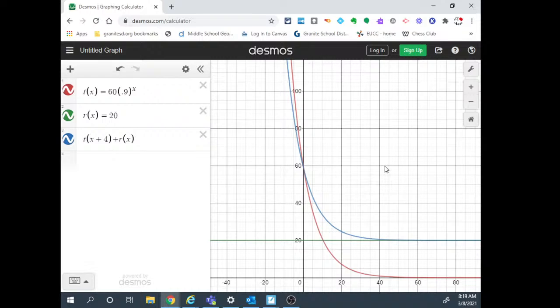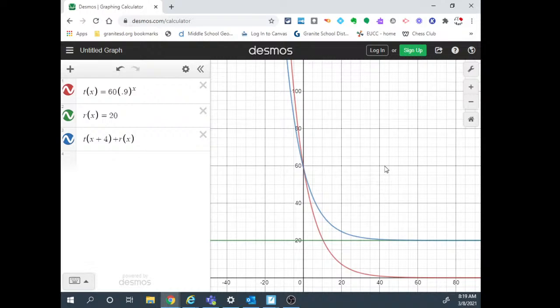Anything else you notice, Ryan? Hold on just a sec. Just that it levels off at 20, or approaches 20, I should say.